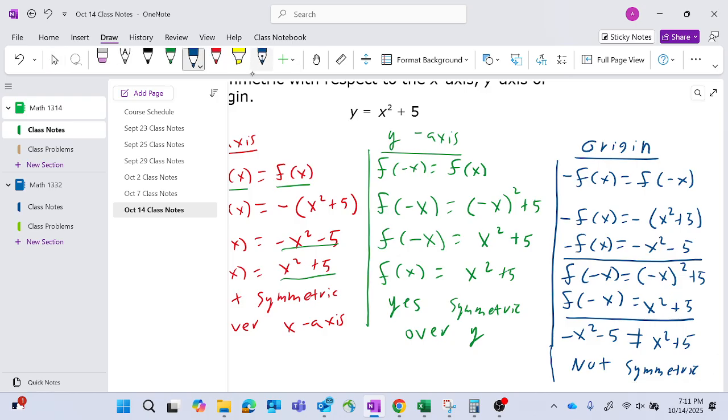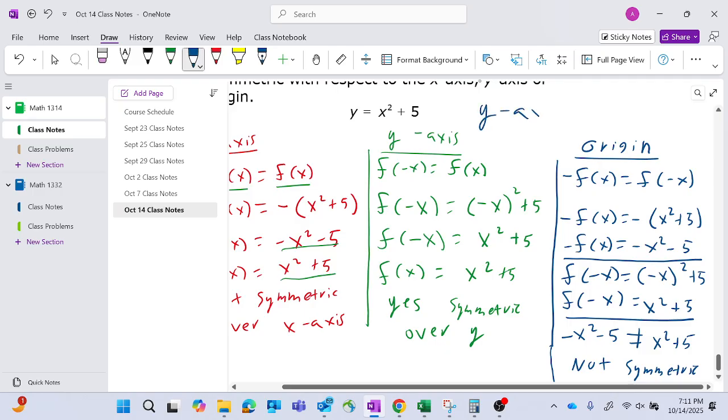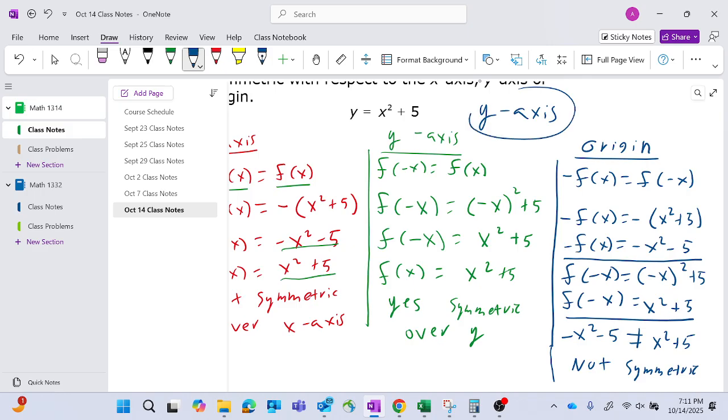So in this case, you're only symmetric over the y-axis. Oh, sorry, not the origin, the y-axis. We only need to check up to one because it can only be symmetric over one of them.